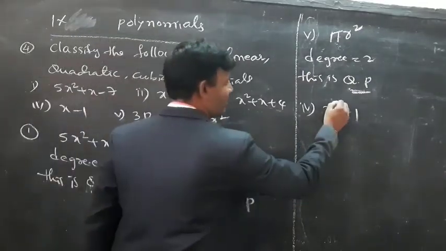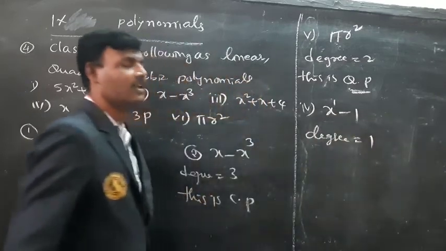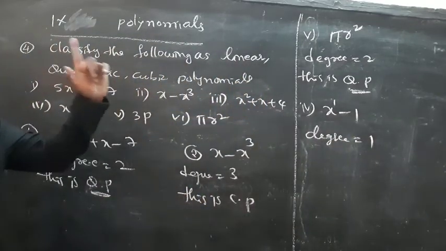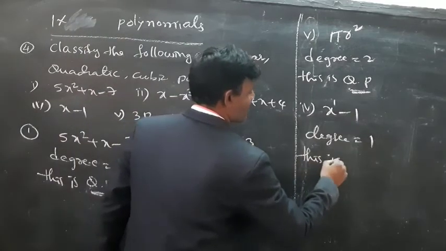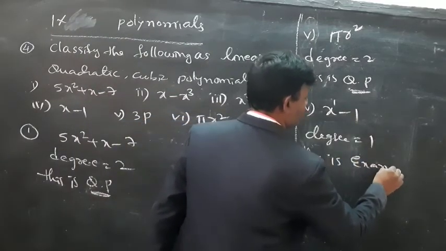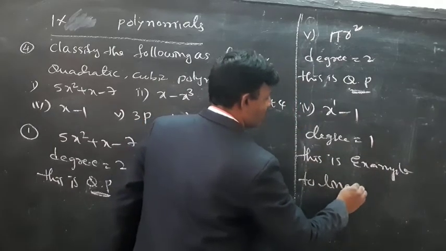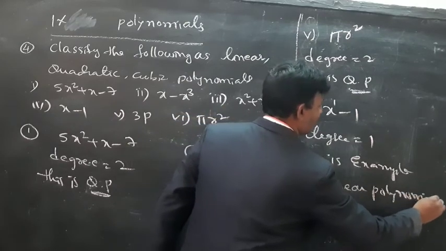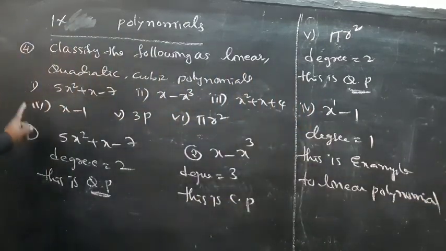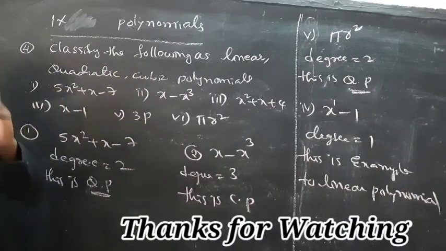What is the power here? 1 is the power. So the degree of that polynomial is 1. So it is called a linear polynomial. So guys, out of 7 questions I explained 4. So the remaining 3 you have to complete in your classworks.